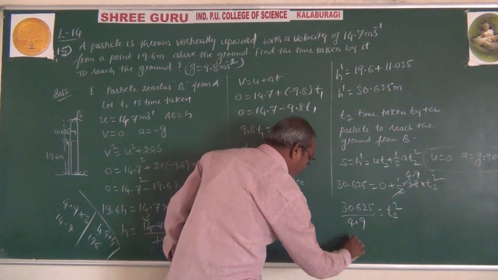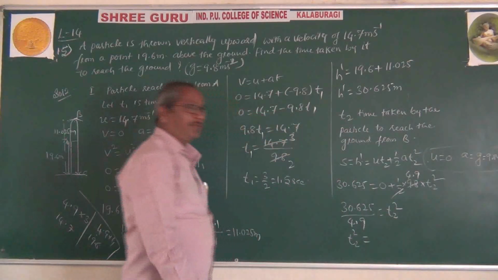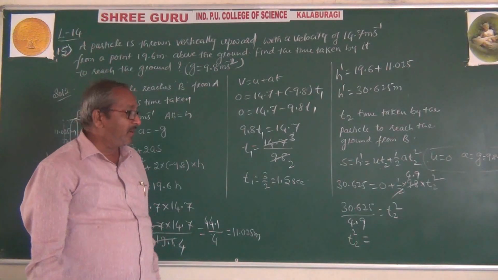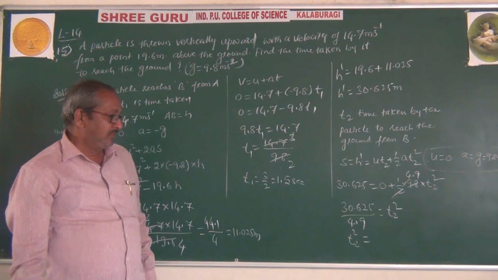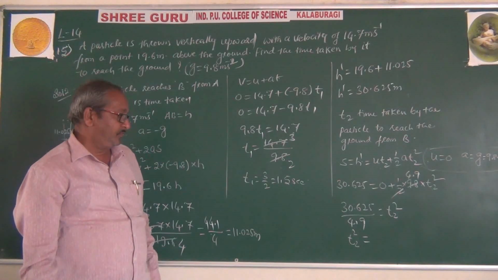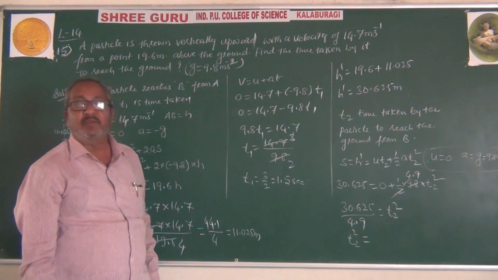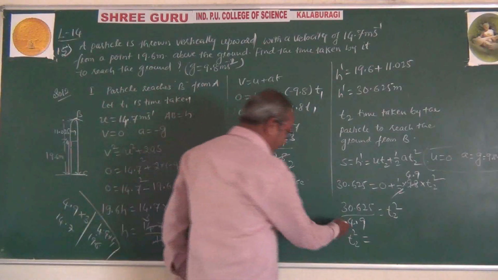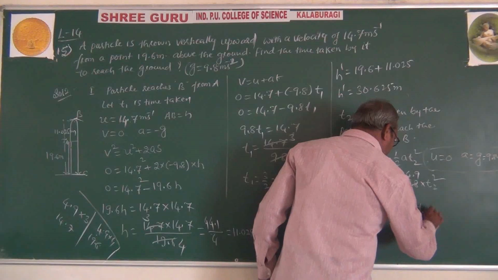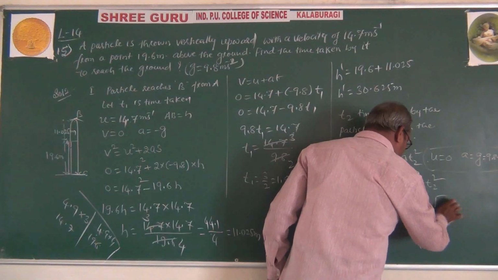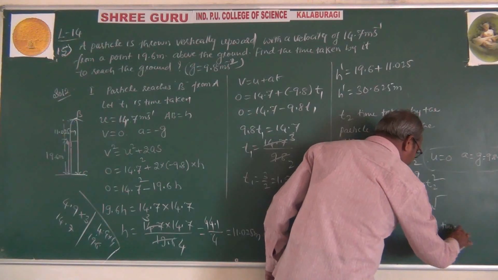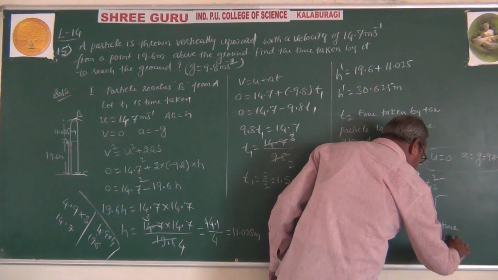Divide it, and you will get a value of about 6.25. After finding t2 square, take the square root to find t2. Then the total time is t equal to t1 plus t2.